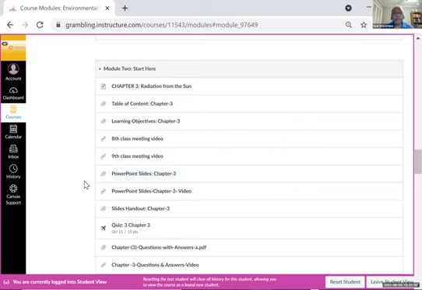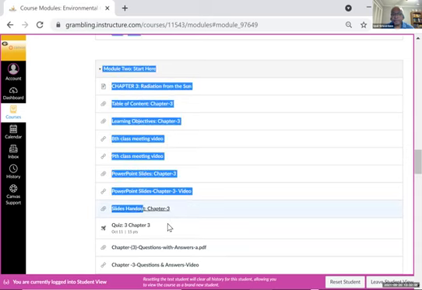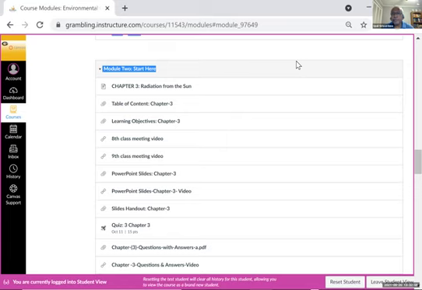All right, I'm going to start on the chapter 3 PowerPoint slides today. I'm going to close this window and then go to the PowerPoint slides.